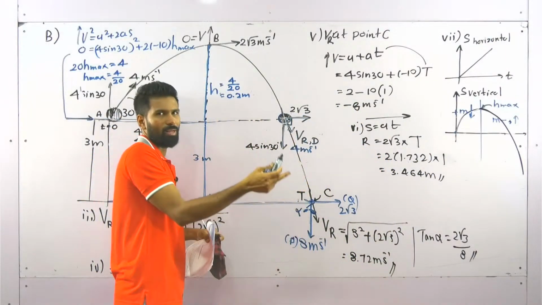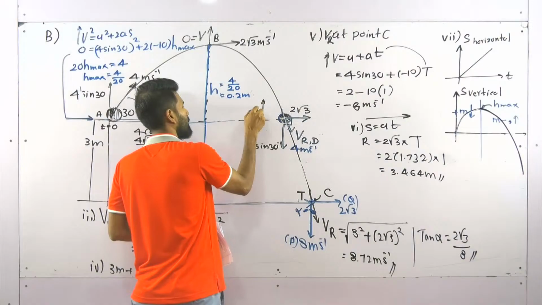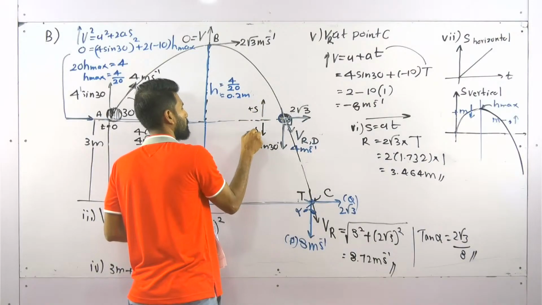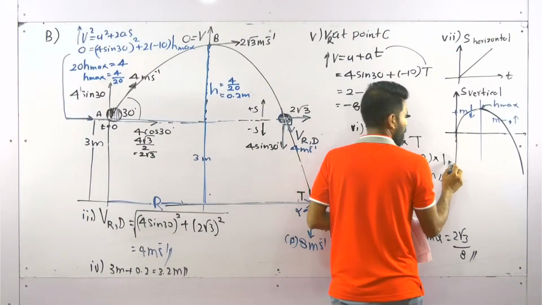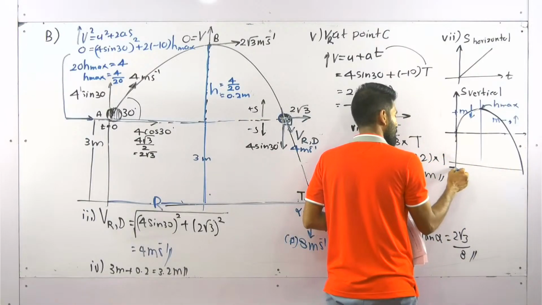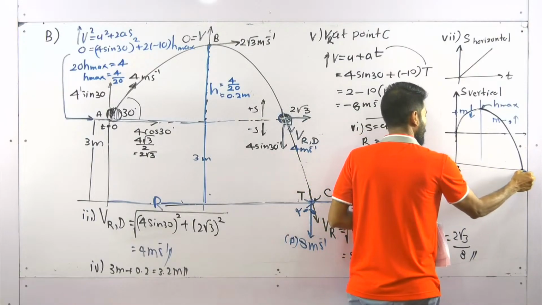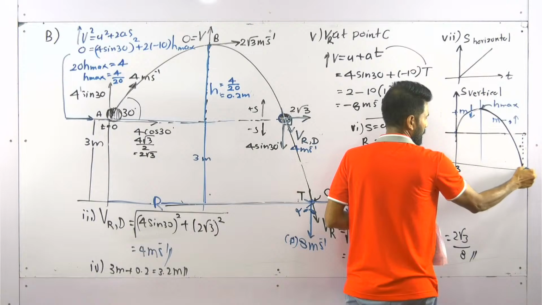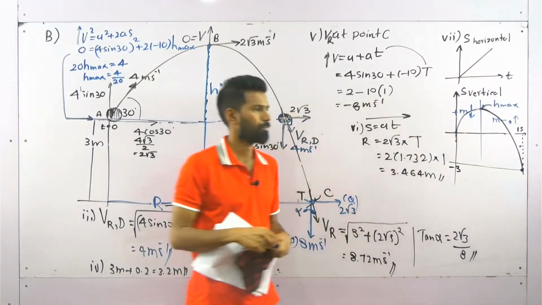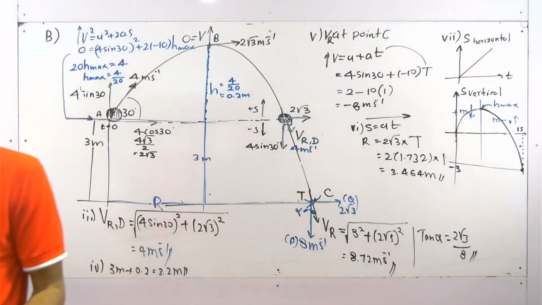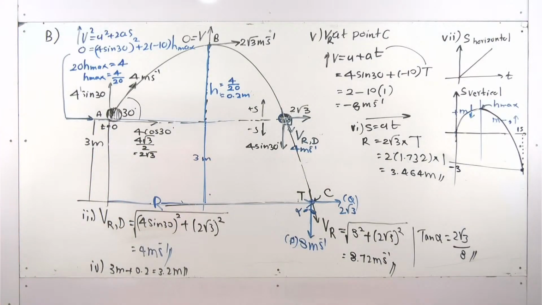Displacements upward are positive and downward are negative, so it should reach a displacement of minus 3 at the flying time, after 1 second. So that is the answer for the essay question.